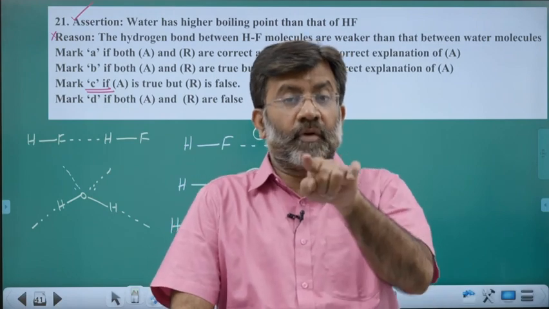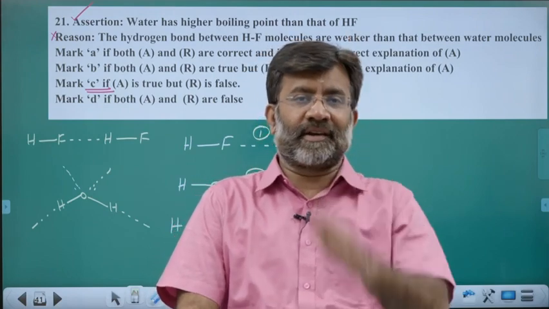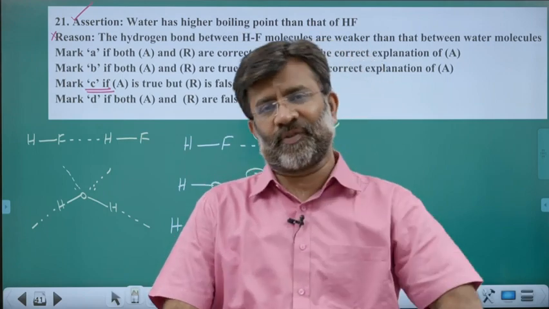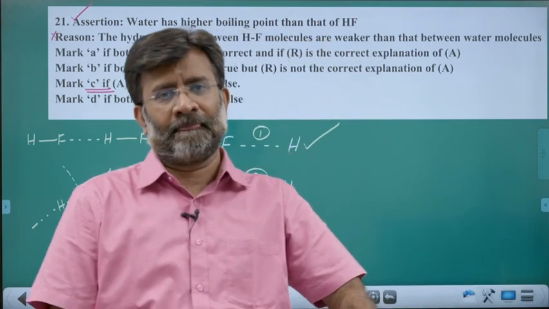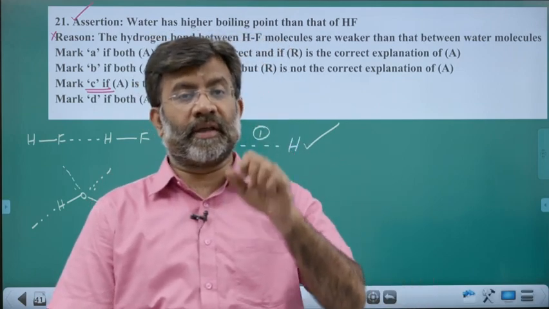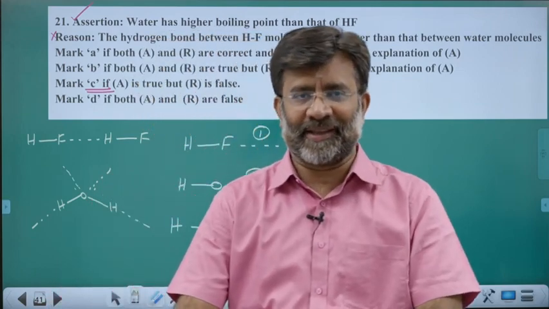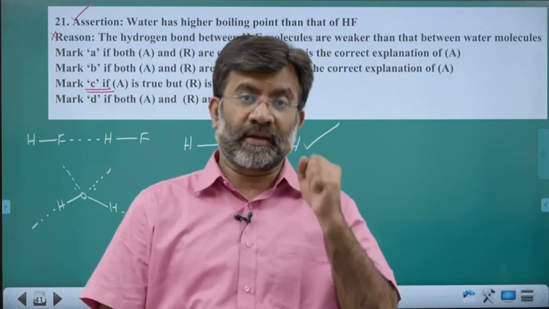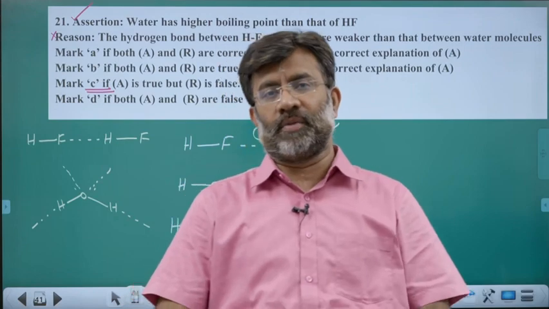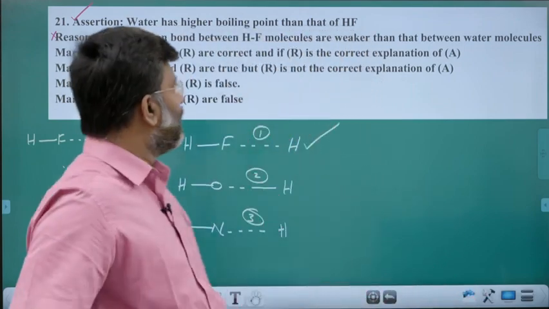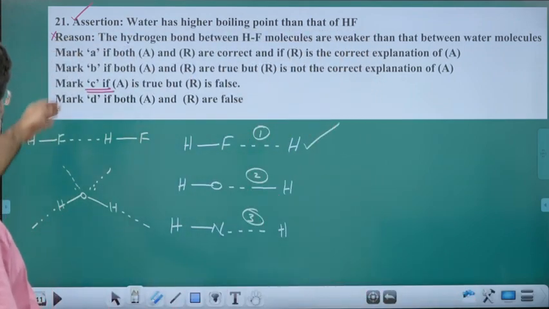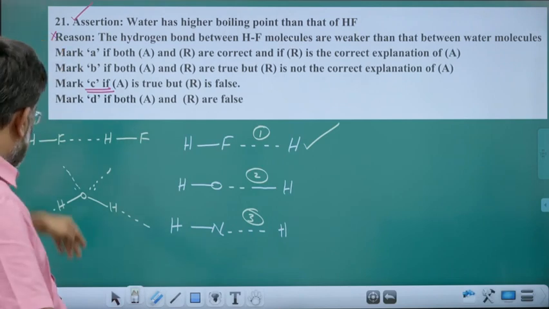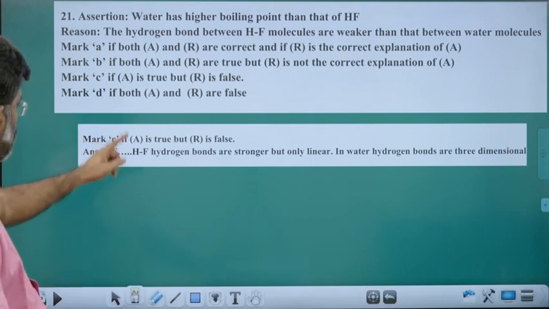So the extent of hydrogen bonding is greater in water. The strength of hydrogen bonding, however, is greater in HF. Hope you understand the difference. Boiling point is influenced by the extent of hydrogen bonding. So the boiling point of water is greater than HF because of the greater extent of hydrogen bonding. Okay. So we will go for assertion correct, reason wrong. Option C.